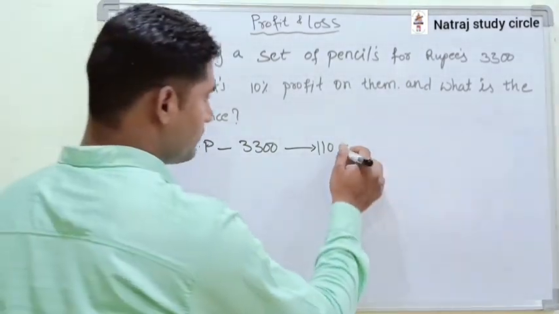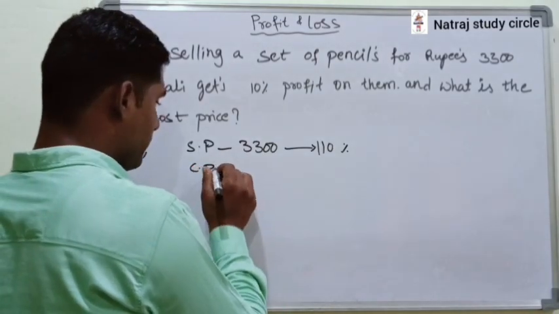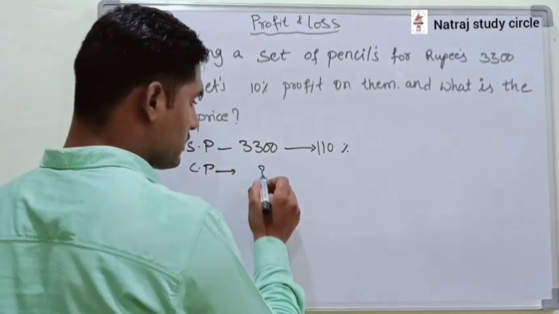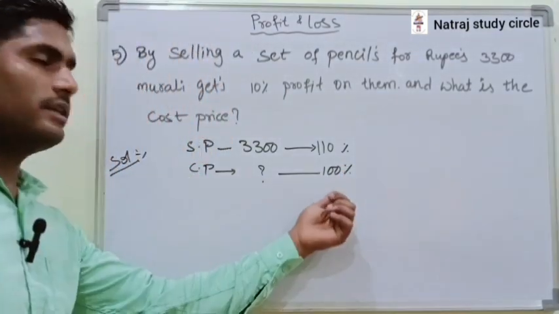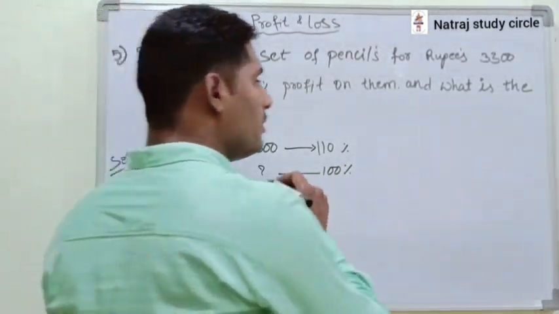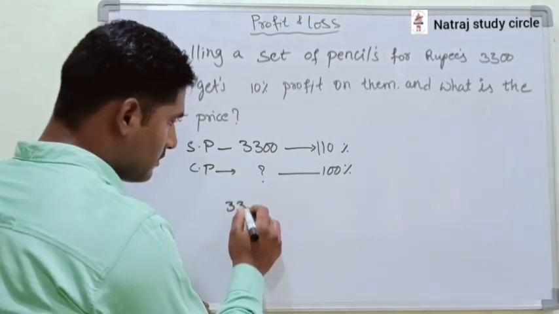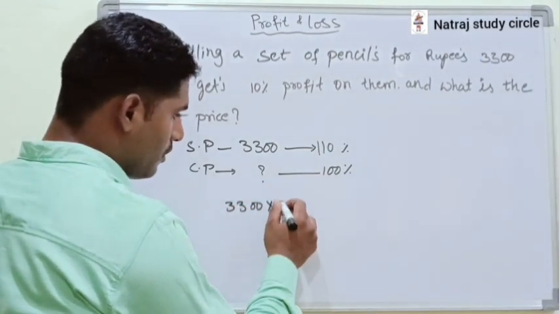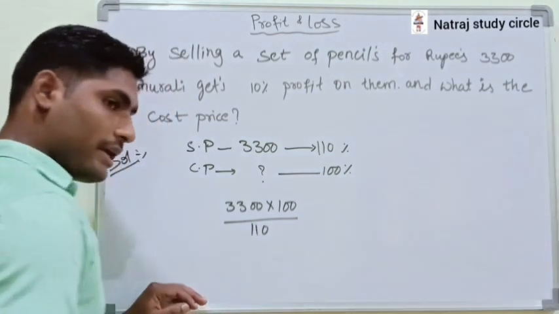And here what is the question? What is the cost price? What is CP? Question mark 100%. So he is asking about this 100%. So here how do we do it? 3300 into 100 divided by 110.